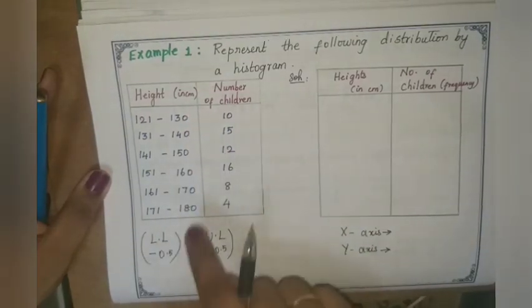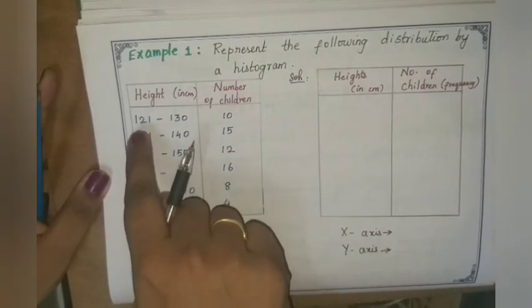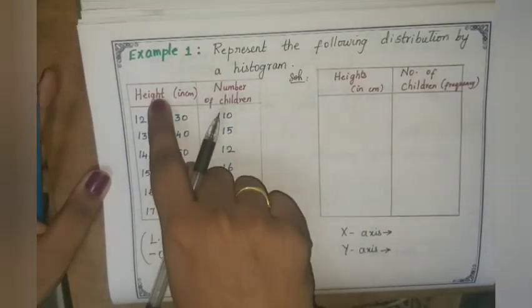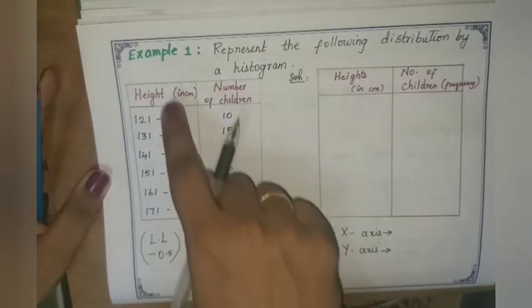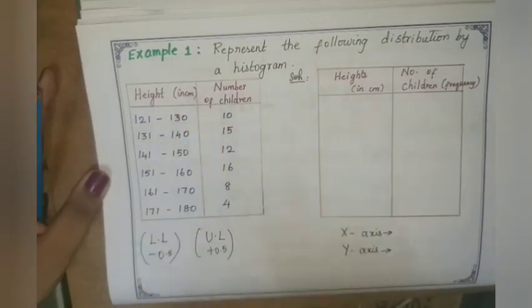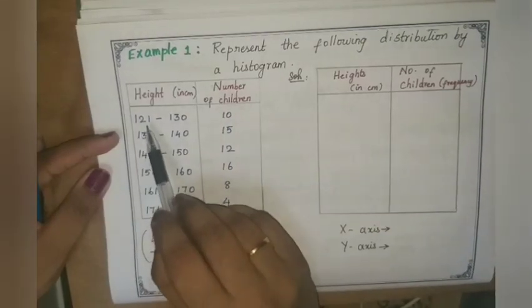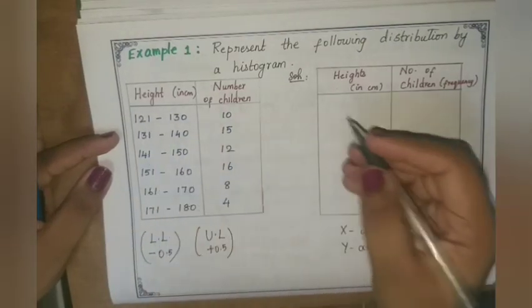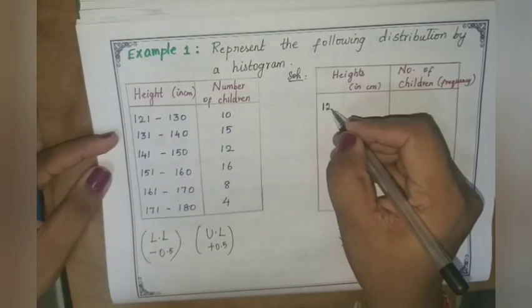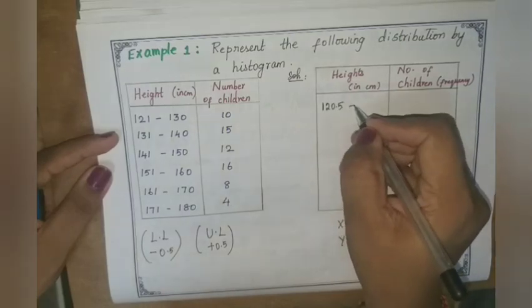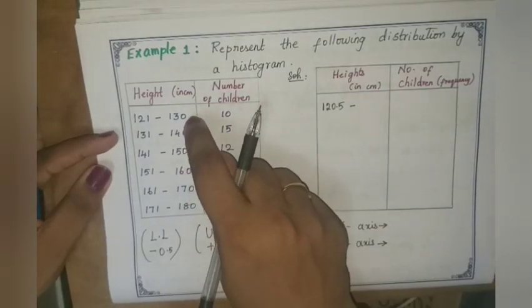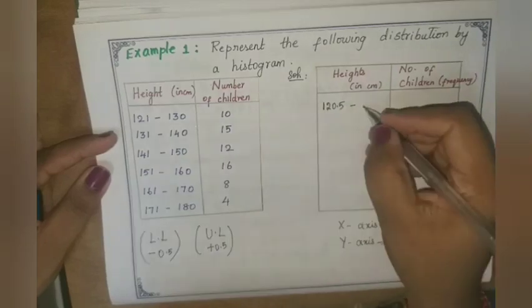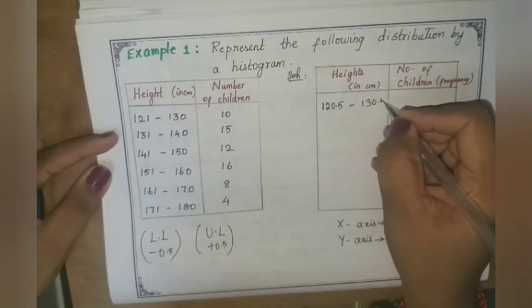As per the rule, we subtract 0.5 from the lower limit of the class and add 0.5 to the upper limit of the class. So when you subtract 0.5 from 121, it becomes 120.5, and if you add 0.5 to the upper limit, it becomes 130.5.